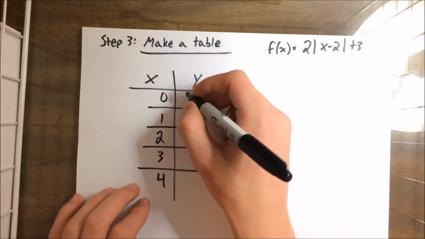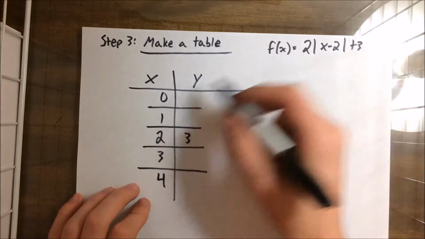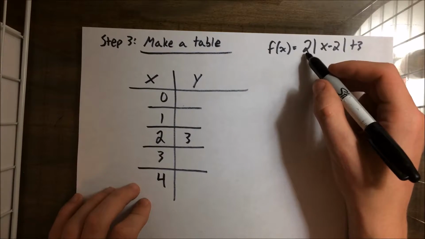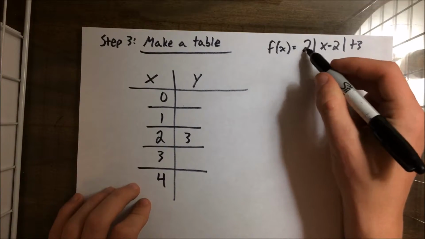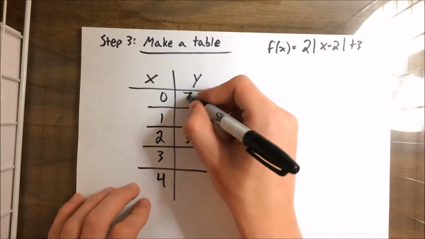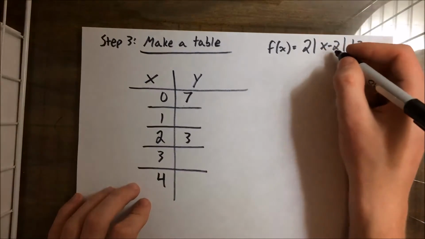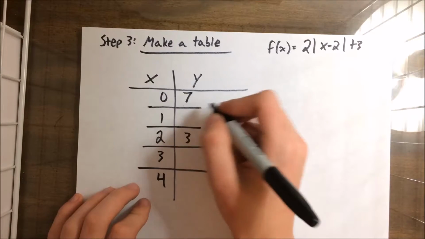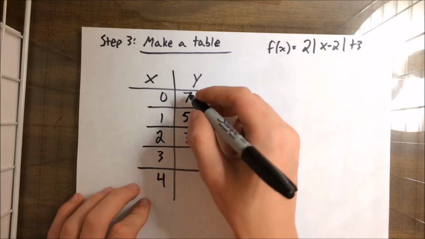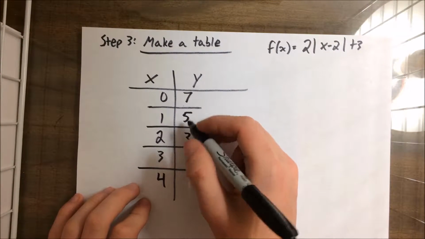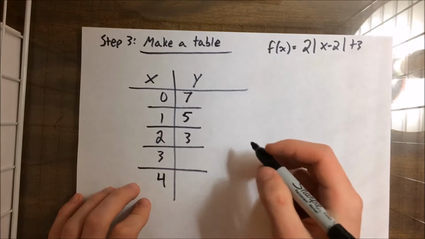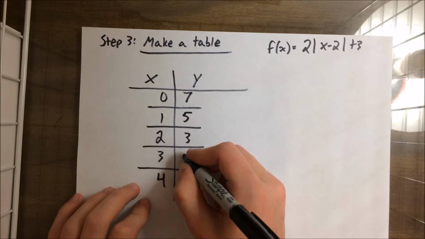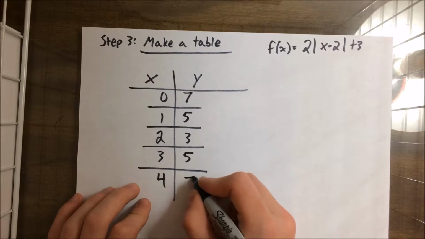Okay, so if you plug in 0, that's negative 2, absolute value, so that's 2, so that's 4, plus 3 is 7. And then if you plug in 1, negative 1, so absolute value is 1, 2, plus 3 is 5. So then this is the minimum, so therefore it would follow the same pattern up.